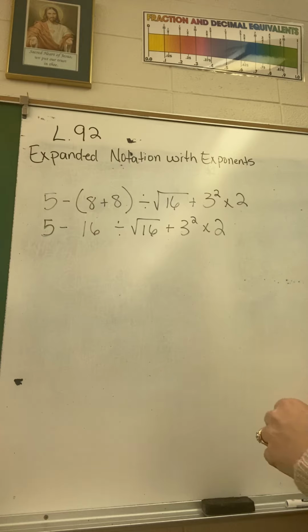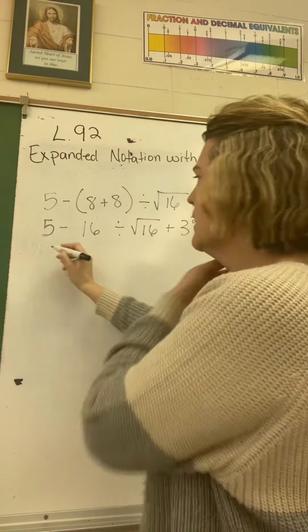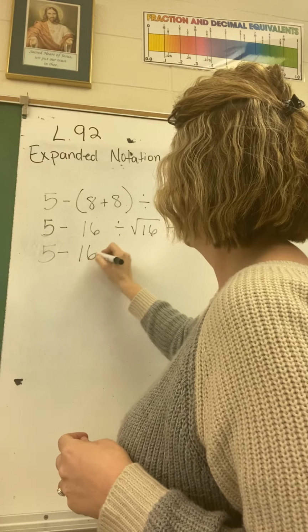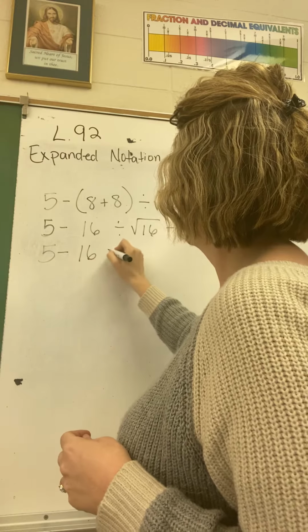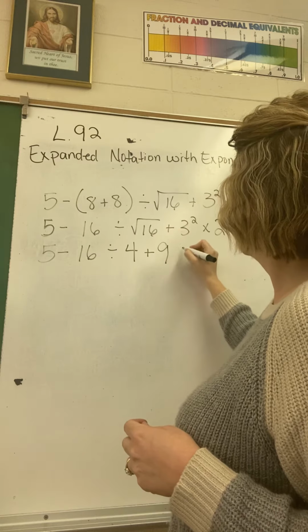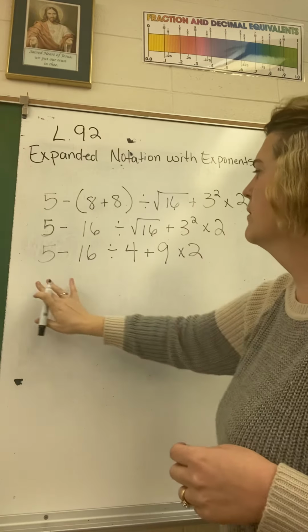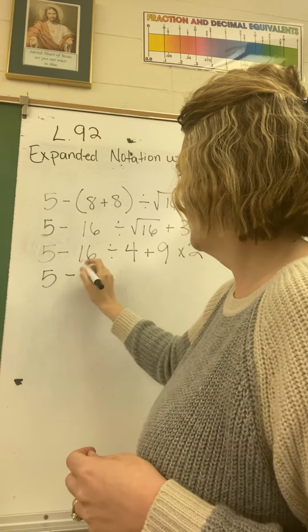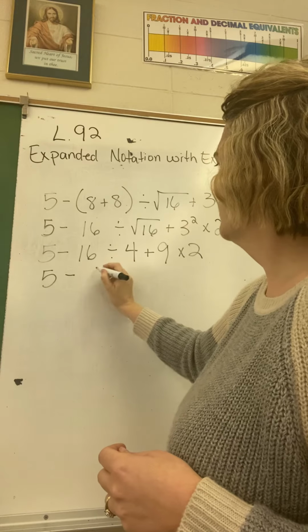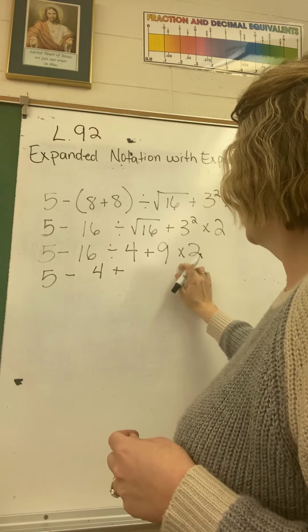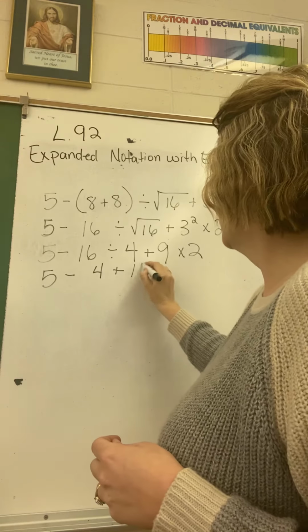With our exponents, we're also going to add in our squares. So 5 minus 16 divided by the square root of 16, which is 4, plus 3 squared, which is 9, times 2. Next we multiply and divide. So again, 5 minus 16 divided by 4, which is 4, plus 9 times 2, which is 18.